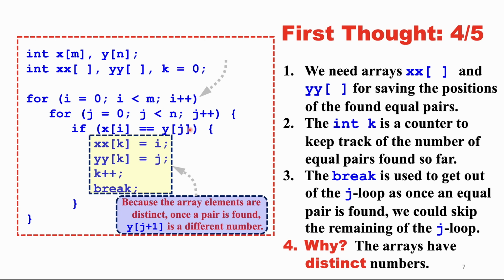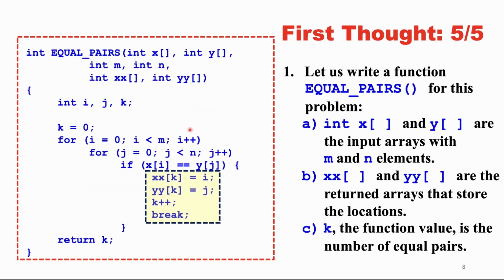So this observation is very important. So putting everything together, let's write a function for that. Let me call the function equal pair. It takes the input array x with m elements and y with n elements, and also two arrays xx, yy to store their locations.